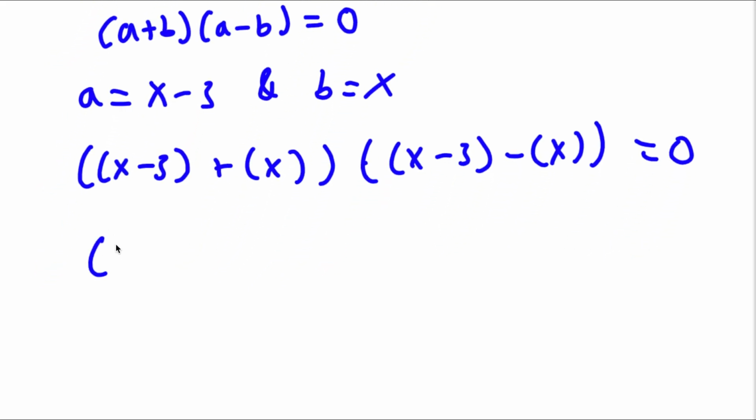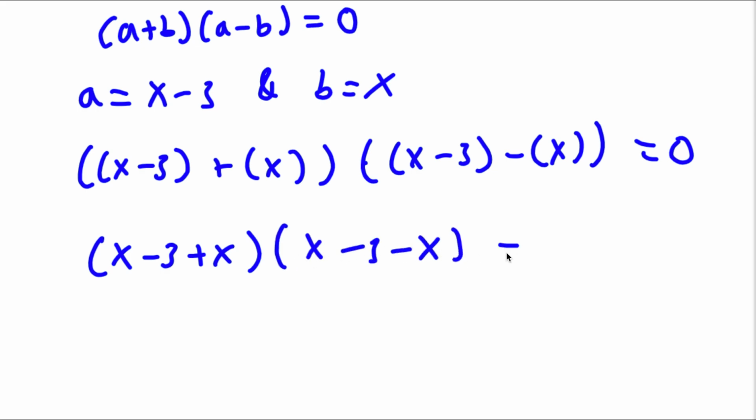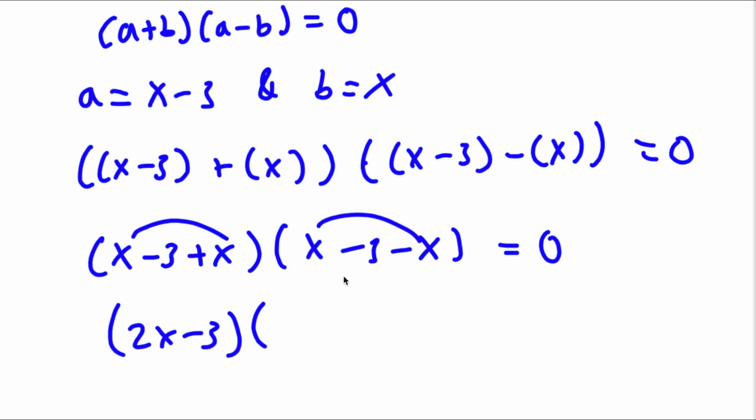Now we could combine like terms. x plus x is 2x, so I have (2x minus 3) times (x minus x). These two cancel out, so I'll simply be left with negative 3 is equal to 0.